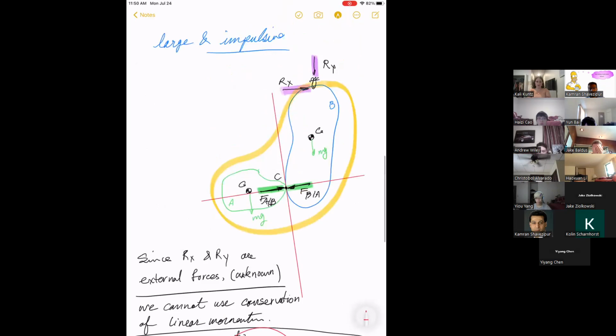Can I use conservation of angular momentum? If the whole thing is my system, can I use conservation of angular momentum? Remember, angular momentum should be written about a point.